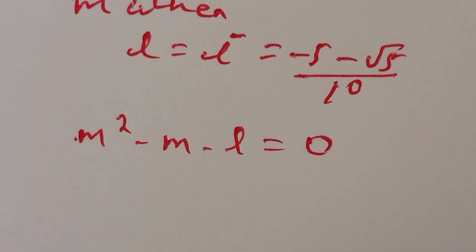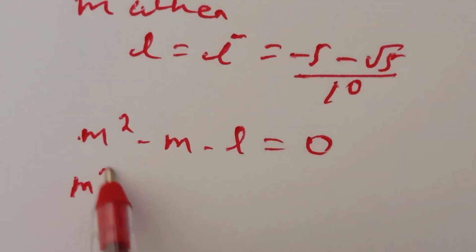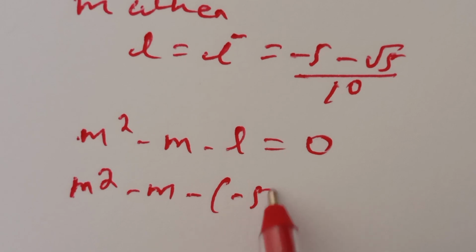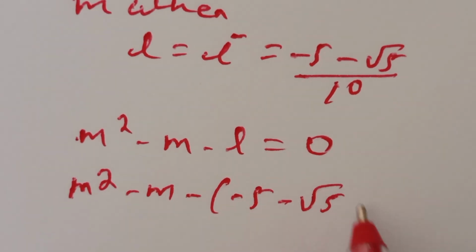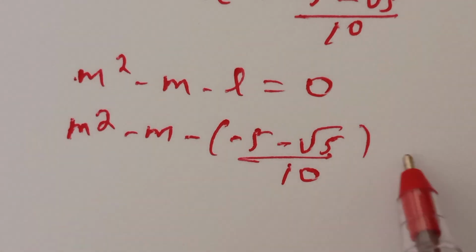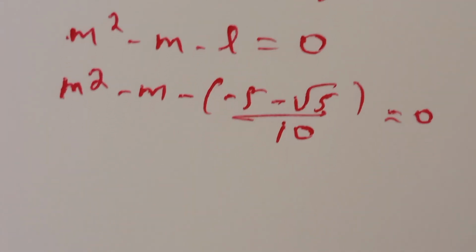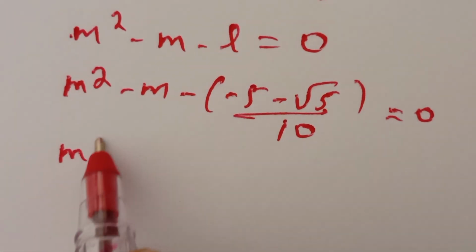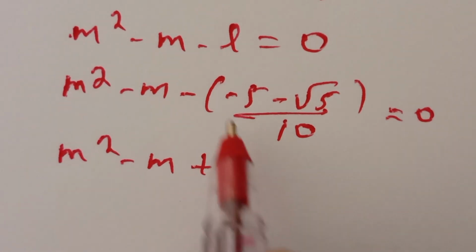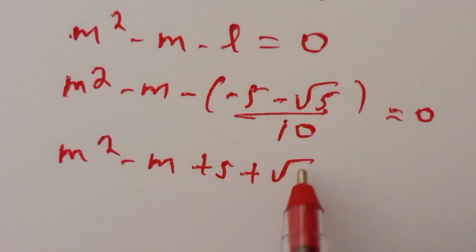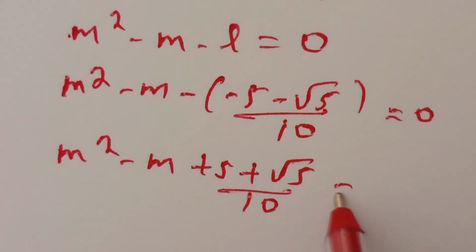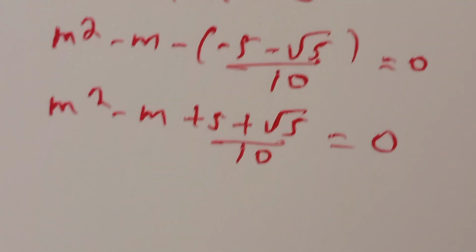So based on this, m squared minus m plus (5 plus root 5) over 10 is equal to 0.